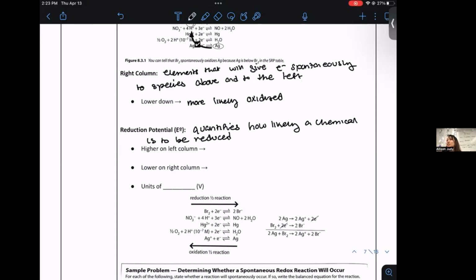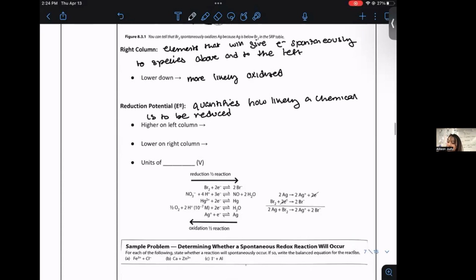So if you have a really low reduction potential, you're probably a better oxidation, which means you're probably pretty low on the right side of the column. You're better going this direction, losing electrons than gaining. So you have a low reduction potential, a low possibility of being reduced.